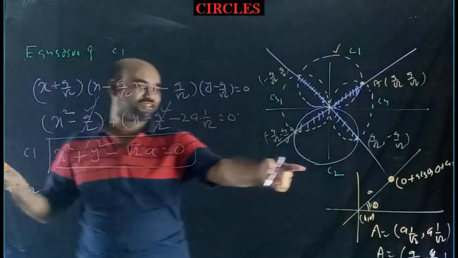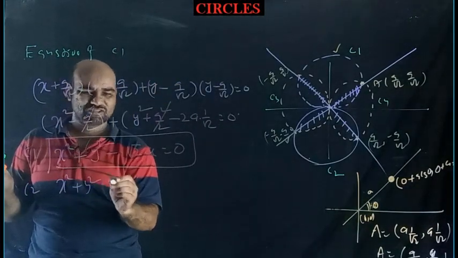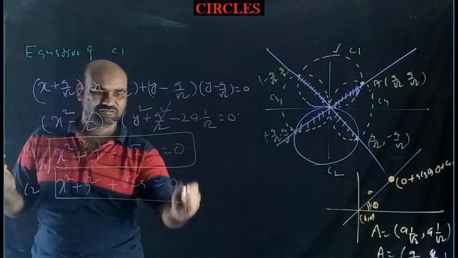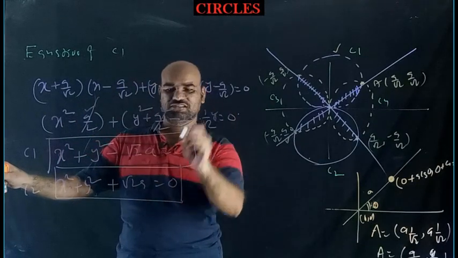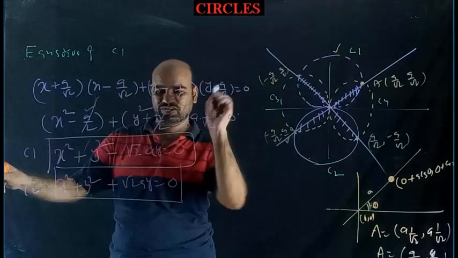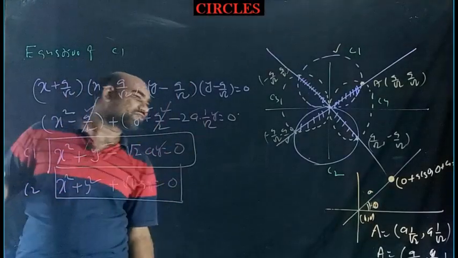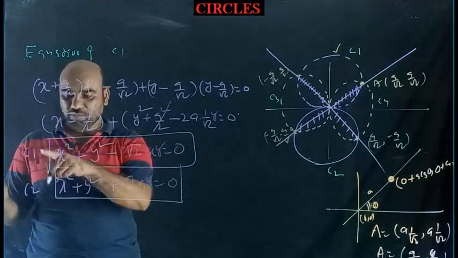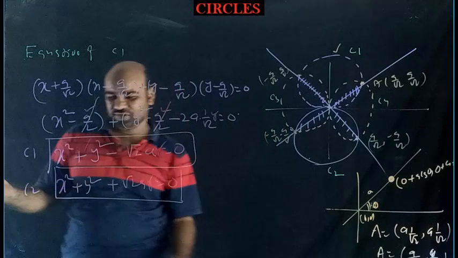C2 directly I can say, here we will get a plus. So x square plus y square plus root 2a y equal to 0. Sorry, something wrong I wrote, here it is y. So the equation of the circles C1 and C2 combined is plus or minus.